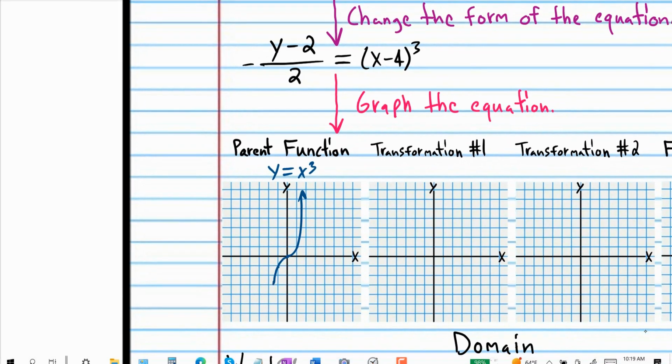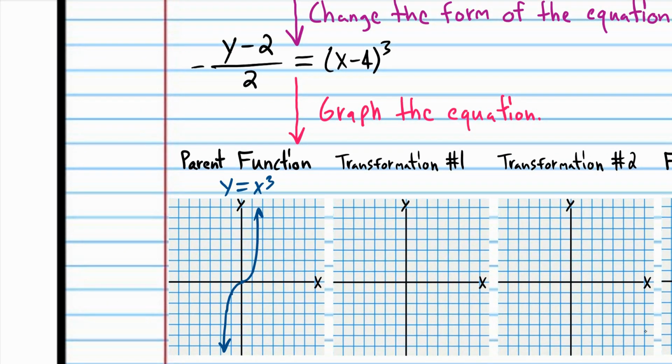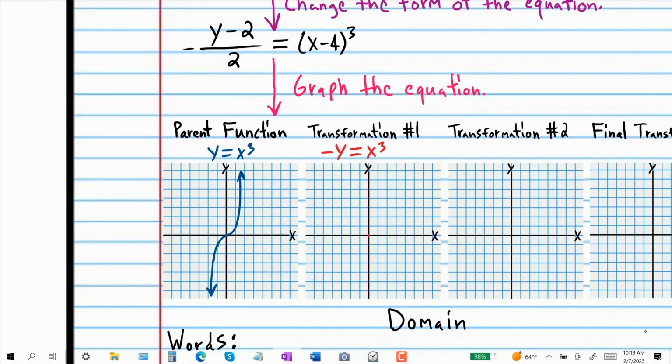So should we dilate or reflect first? It doesn't actually matter in this case. I think I'm going to reflect first, so I'm going to replace y with -y. That's going to reflect across the x-axis.